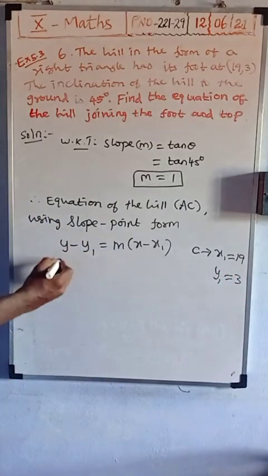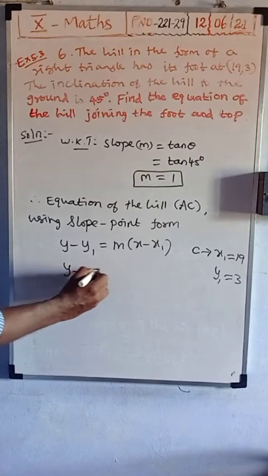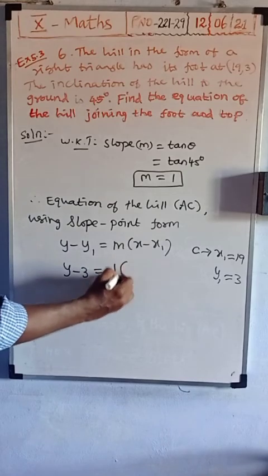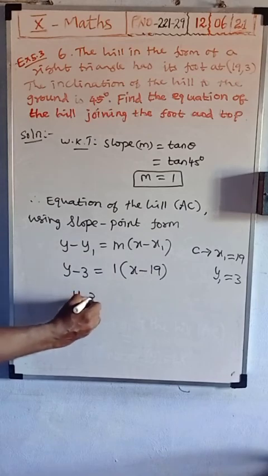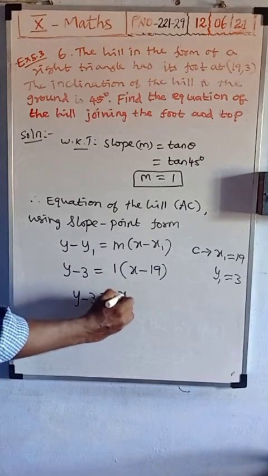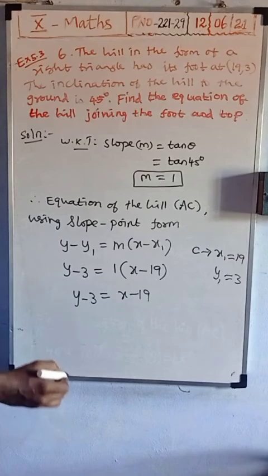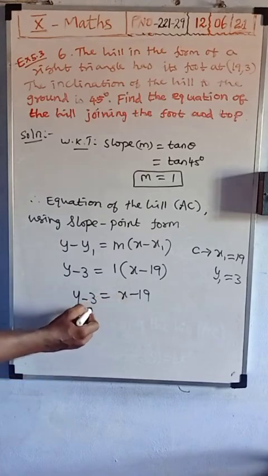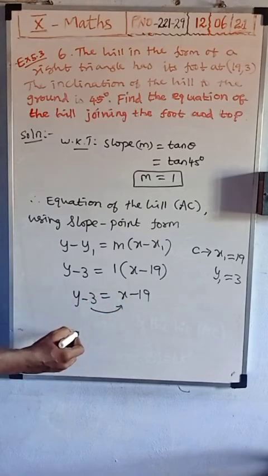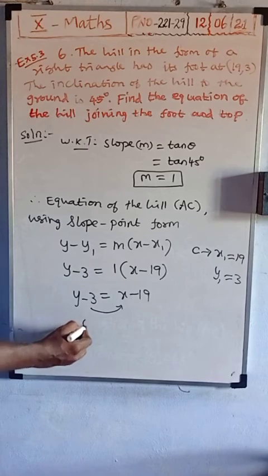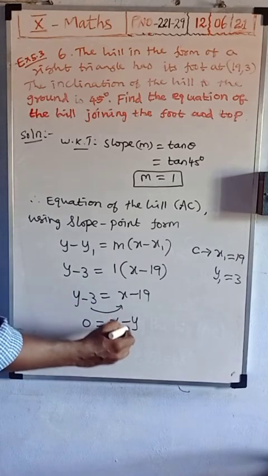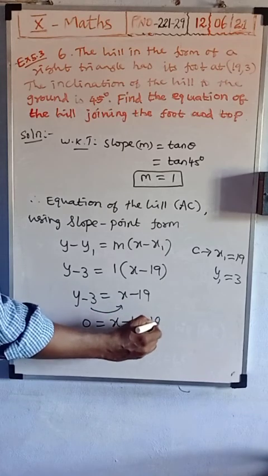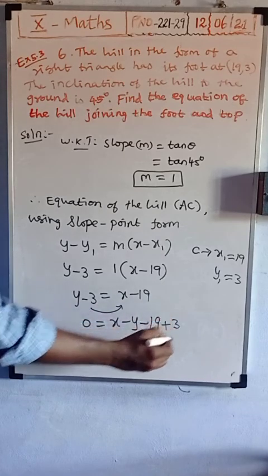Now substitute in this: y minus 3 is equal to m, which is 1, of x minus 19. Now y minus 3 is equal to 1 multiplied, so x minus 19 only you will get. Now we want x to be positive, so that side goes. Now 0 is equal to x, then y goes to that side as minus y. Already minus 19 is there. Minus 3 goes to that side as plus 3.